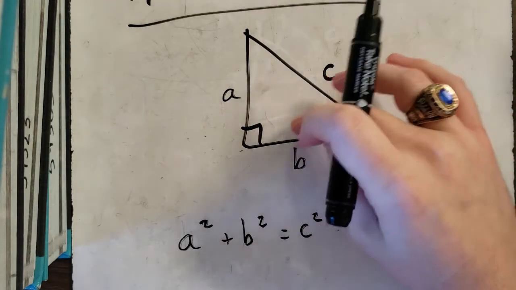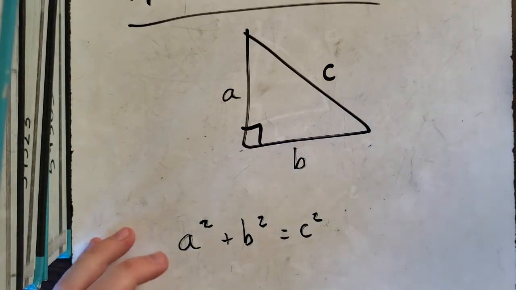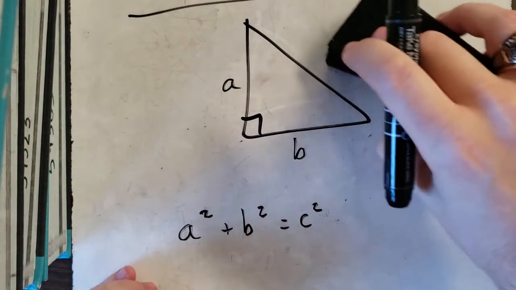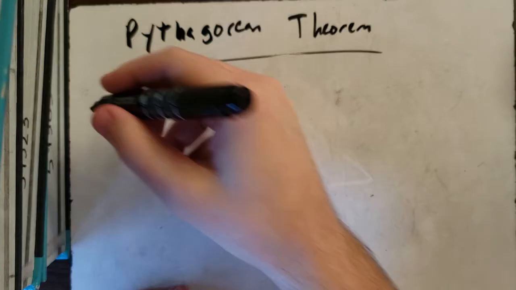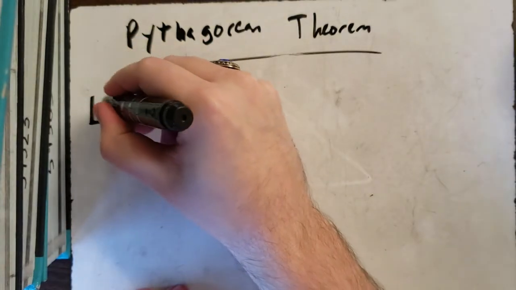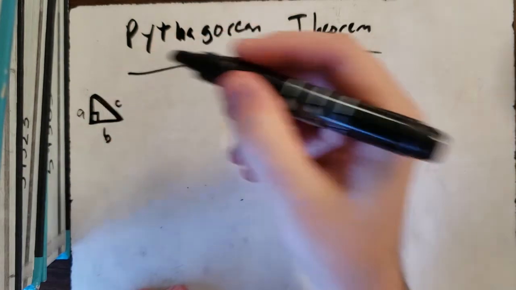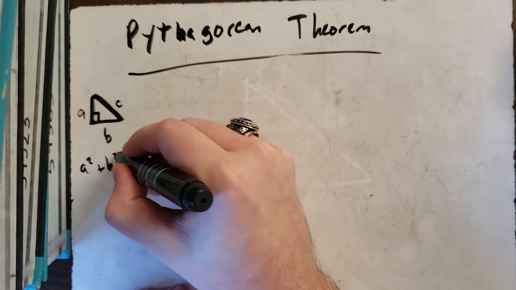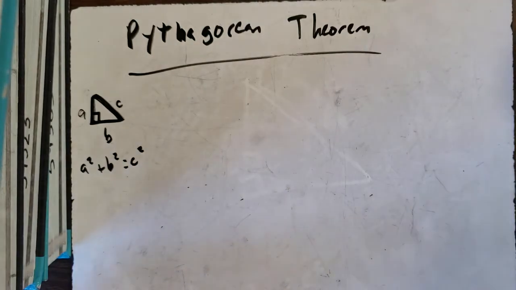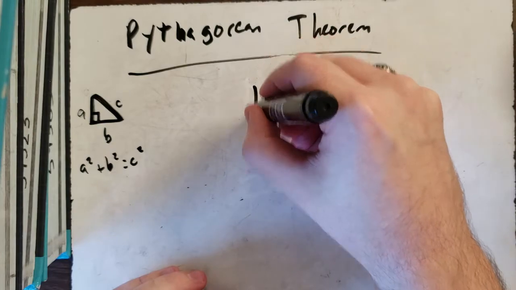So for example, let's do the whole thing. Let's do an example here, okay? I'm going to leave this up here of A, B, and C, with my A squared plus B squared equals C squared.